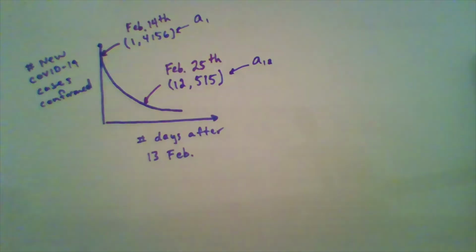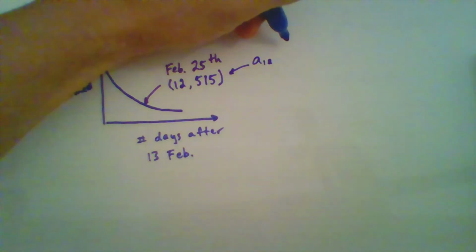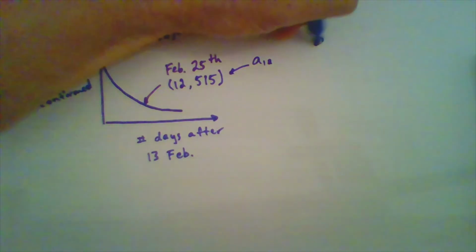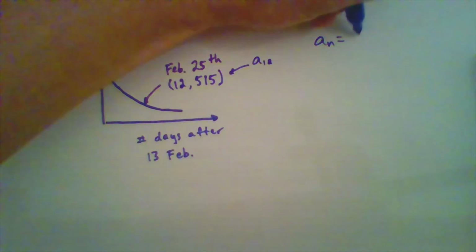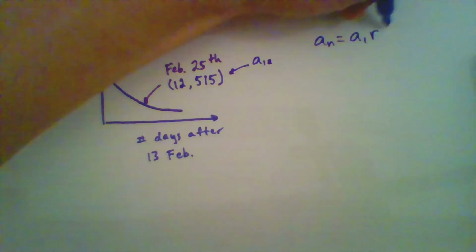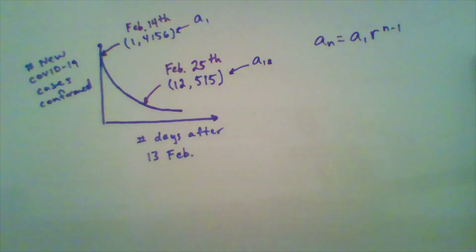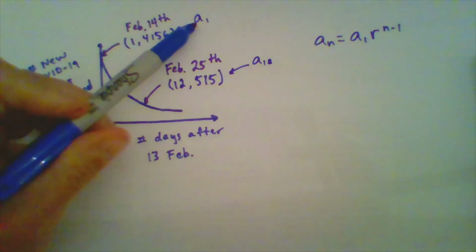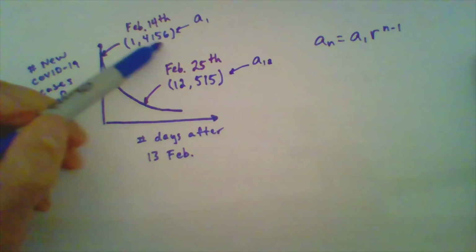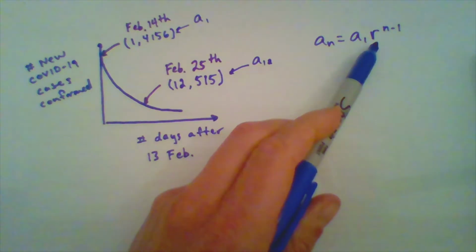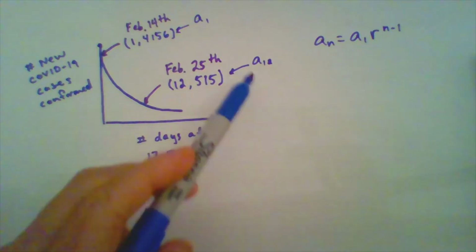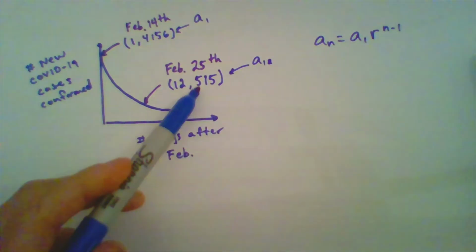And if we remember that formula for the nth term of a geometric sequence, that can be pretty handy. It looks like this. Okay, so let's see. The good news is we know the first term is 4,156, so I can substitute that here. We don't know the common ratio, but we do know that for the 12th term, that was 515.